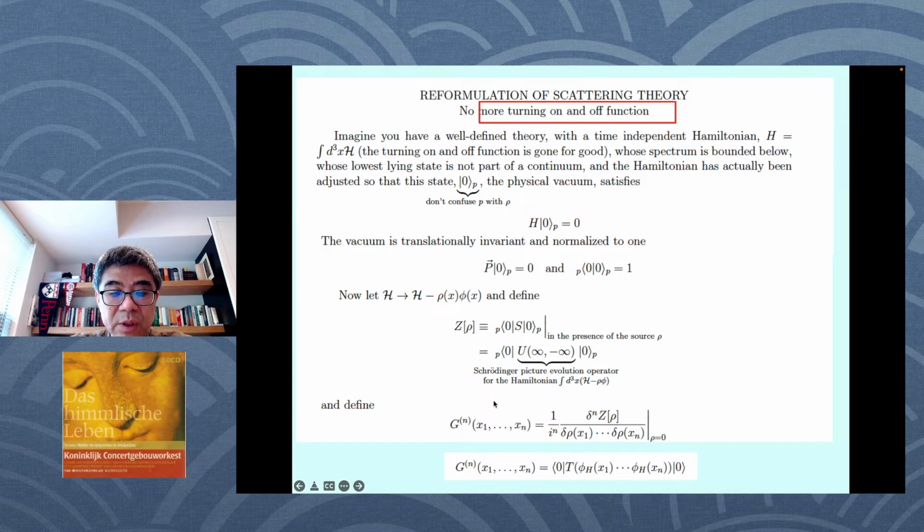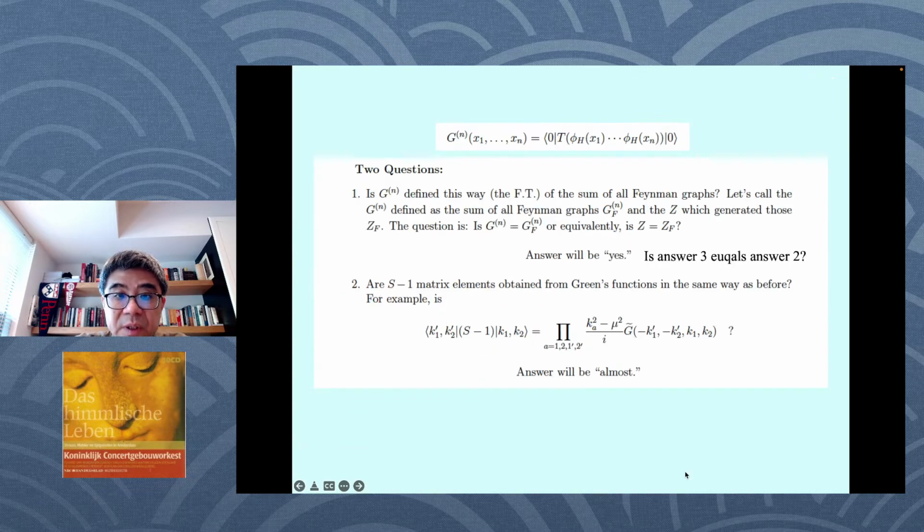If you expand this generating function, you can get all the Green functions. In this way, the Green function is the time-ordered product of a series of phi H. Again, remember we are working in the Heisenberg picture, so that's why it's phi H. So it is the time-ordered product of a series of Heisenberg operators sandwiched between two physical vacuums.